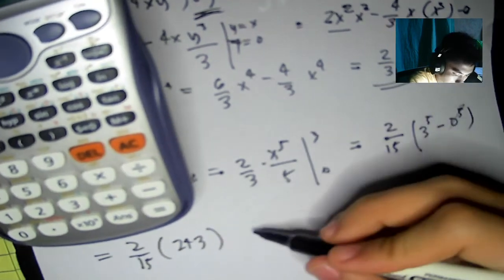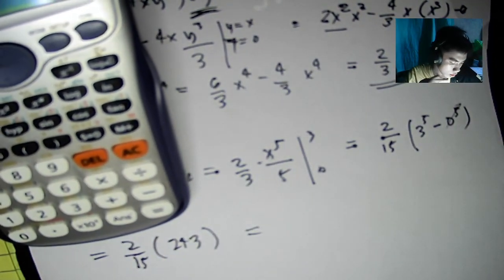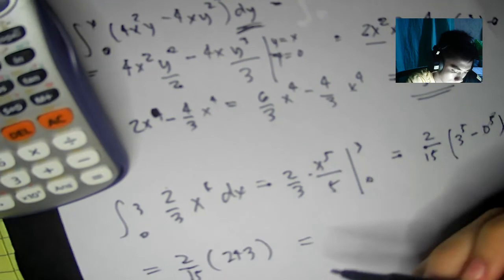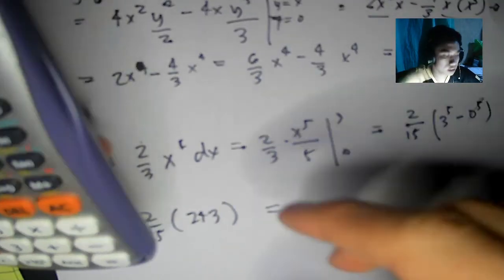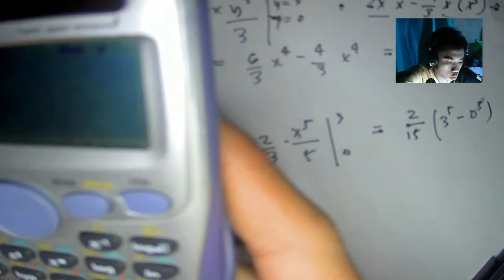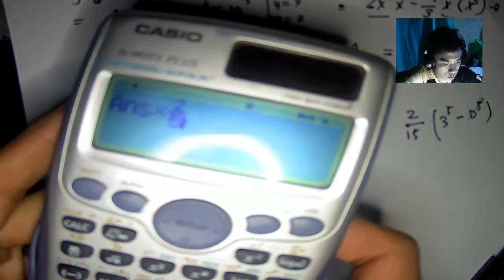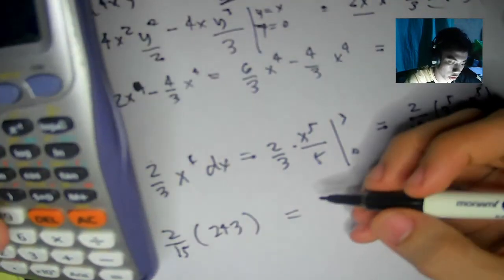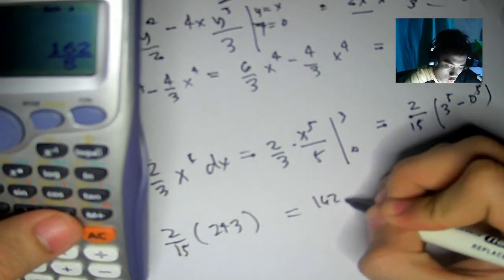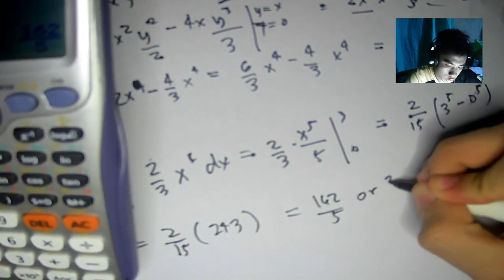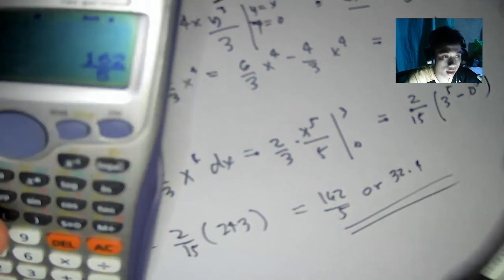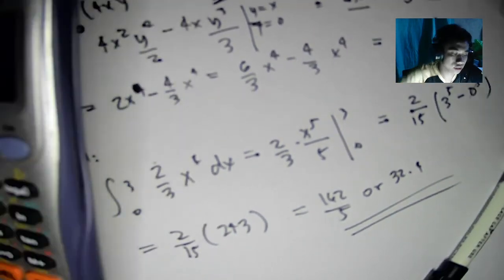So this could be our answer, but I'll still simplify it. We have our 243 here multiplied by 2 over 15. It's equal to what? 32.4, or 162 over 5. So that is our final answer.